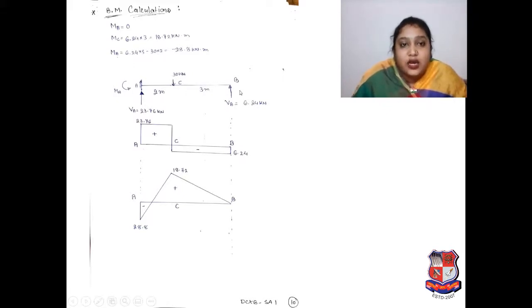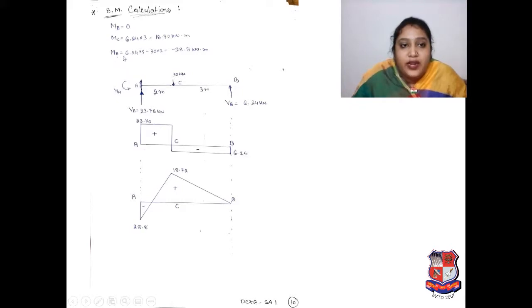So here our given diagram, then I told that roller is there, simple support is there, so moment at that support is 0. So moment at B is equal to 0, moment at C what will be? VB into 3. So your 6.24 into 3. So what you get? Moment at C 18.72 kilonewton meter.